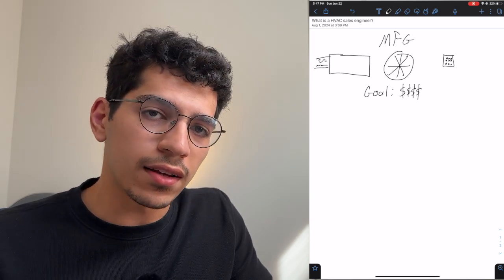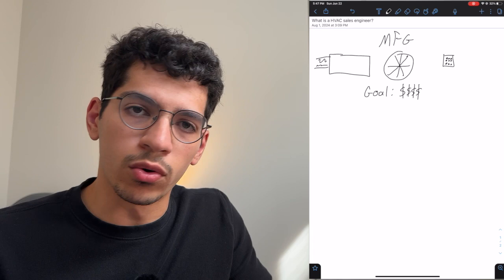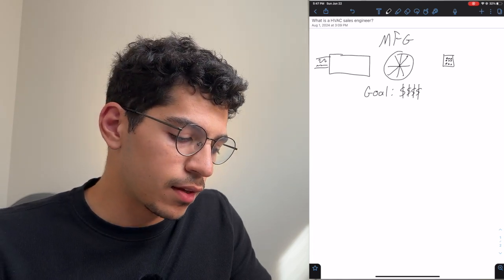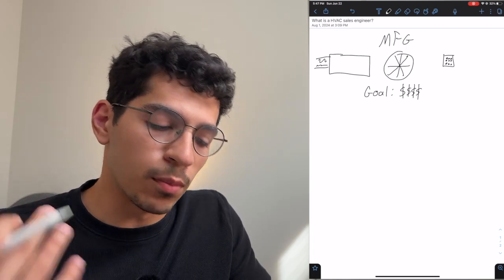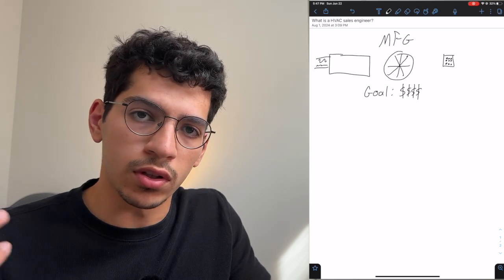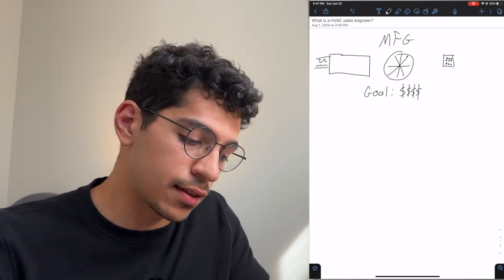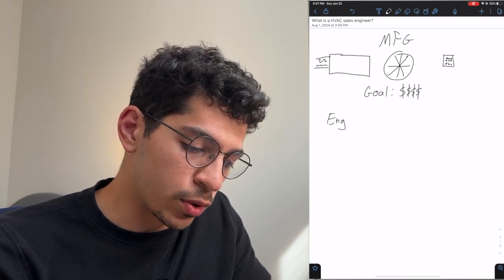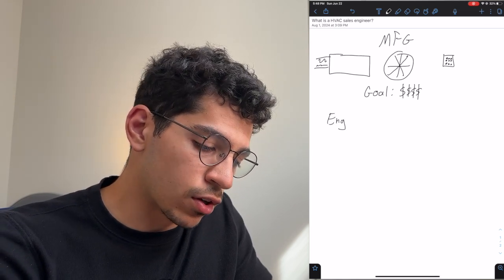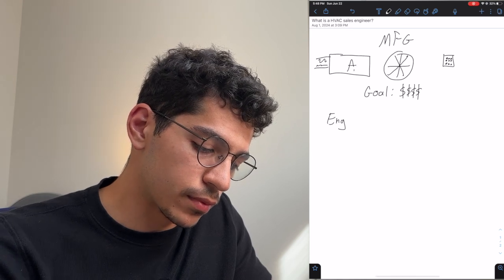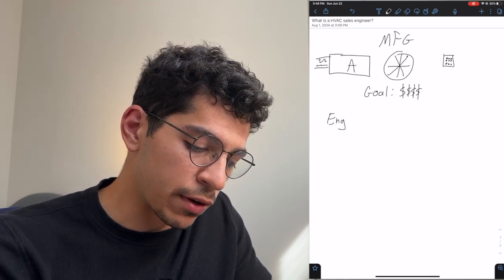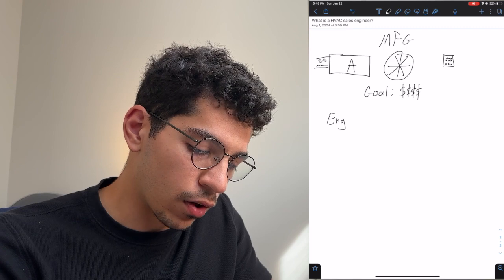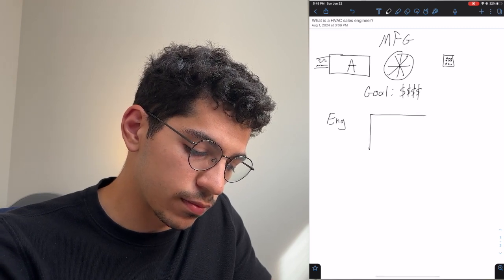Now, how does a manufacturer sell their equipment? The most common way in the commercial HVAC space is that the engineer needs to put, let's say this is called manufacturer A, needs to put manufacturer A on their engineering drawings.